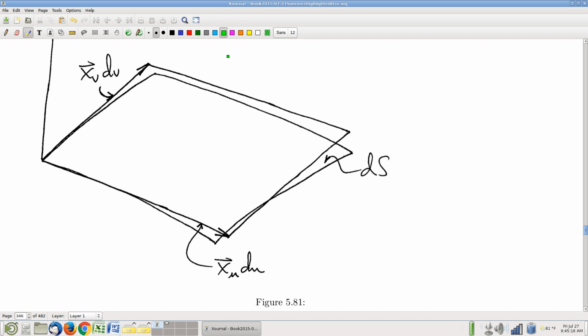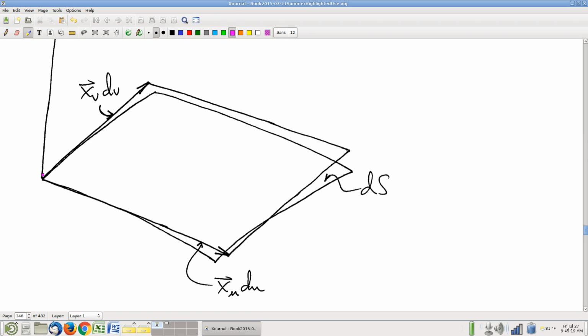xu cross xv: xu is parallel to the surface, xv is parallel to the surface. So the cross product is going to be perpendicular to the surface because it's perpendicular to both of the input vectors, both of the tangent vectors.